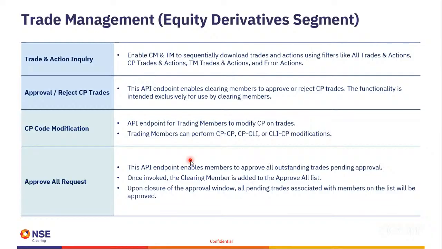So these are the trade management APIs. In the equity segment for trade management, we have already introduced APIs for the member, where members can inquire about their trades, approve or reject CP trades, perform CP modification, and place approval requests through the API.